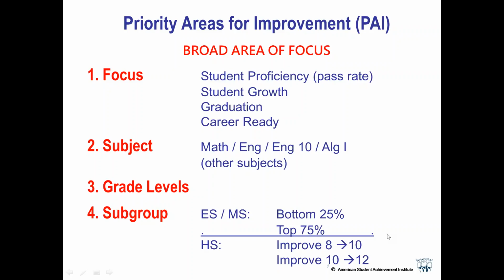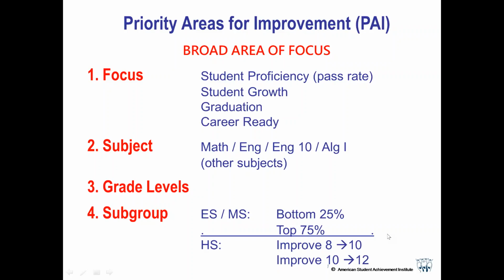So PAIs are these very, very broad areas. The other thing that I want to say about PAIs, and I'm saying this carefully, is that PAIs are good to have, but they really don't drive student achievement because they're so broad. If we say that we want to improve in math, that doesn't really tell us what to work on. Is it algebraic equations?